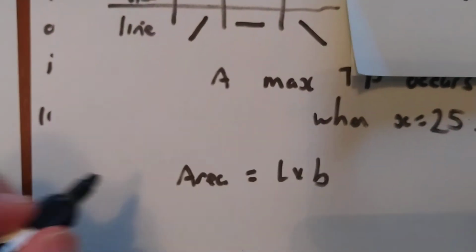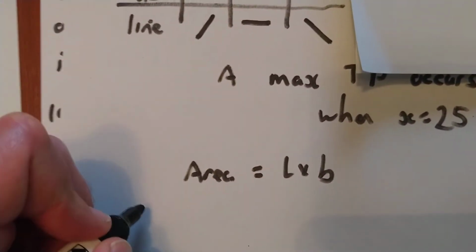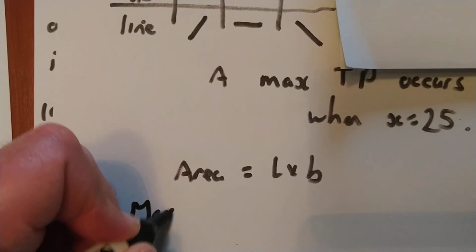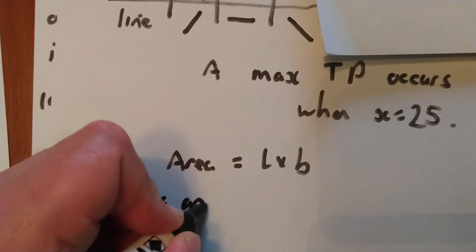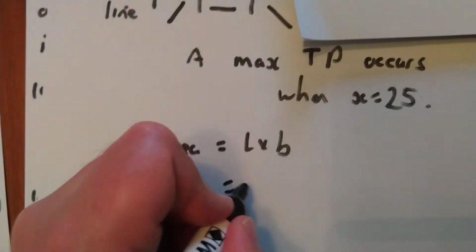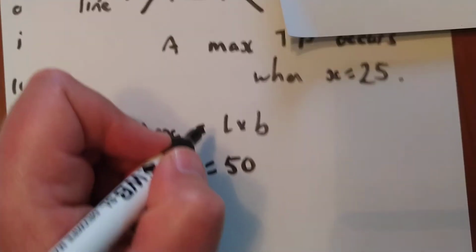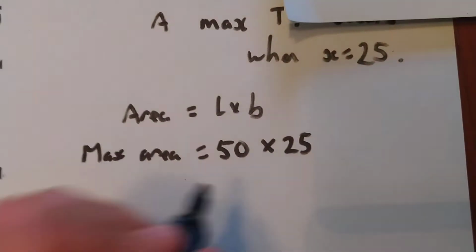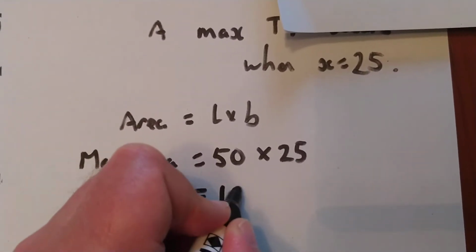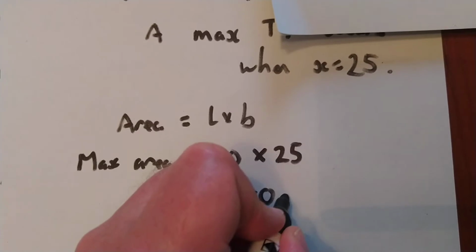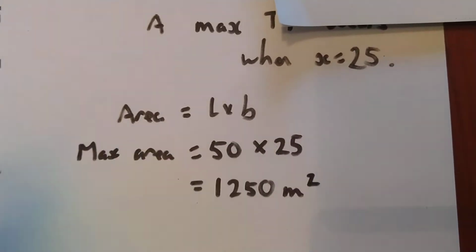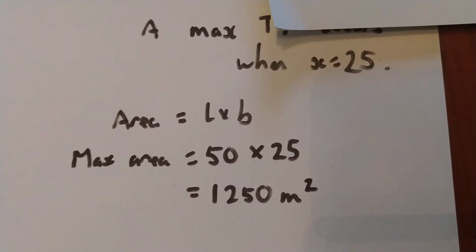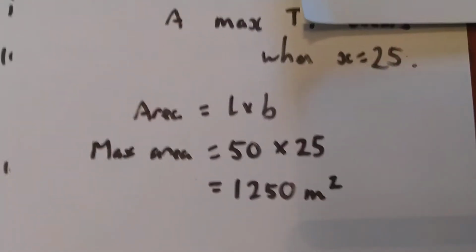So my maximum area, since area is length times breadth, will occur when the length is 50 and my breadth is 25. That works out to be 1,250 meters squared. And the question's done.